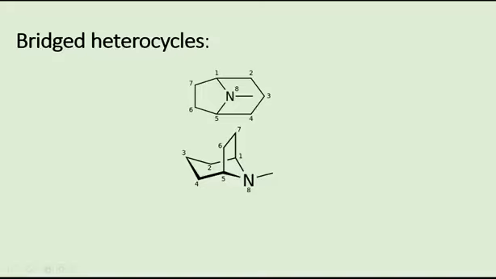If it is connected via more than one atom, we call it a bridged heterocycle. If it is directly joined, then it is like two heterocycles. But if you see this one, this is not a bond, because there is an atom splitting it, so it is something like a bridge. These are bridged heterocycles, and in natural products we can find several examples of them.